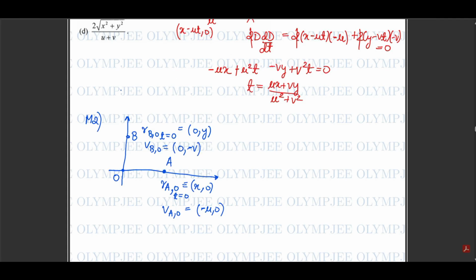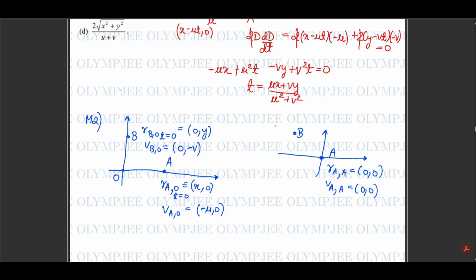So now I'll be going into the frame of A. So A is here and B is somewhere here. The position of A with respect to A will obviously be 0, 0, and velocity will also be 0, 0. So essentially we have transferred A to origin and we have fixed A.